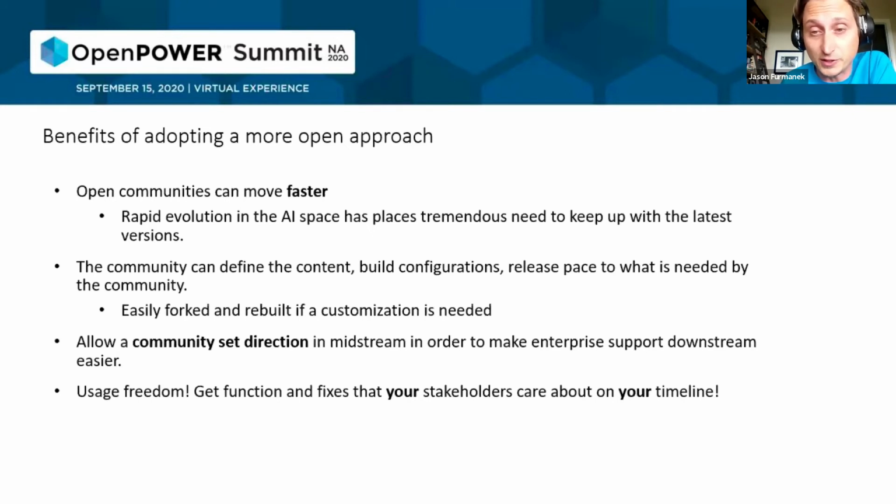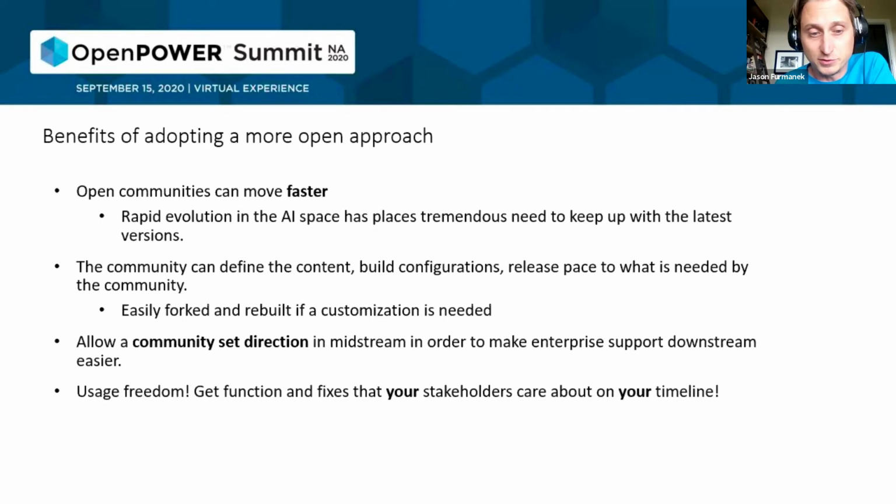And it even makes enterprise support downstream easier. The most expensive part of a software life cycle is that downstream support, where you're interacting with customers and fixing their problems, and have boots on the ground if something goes wrong.